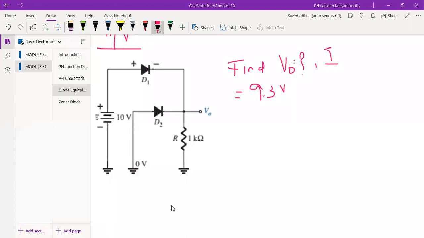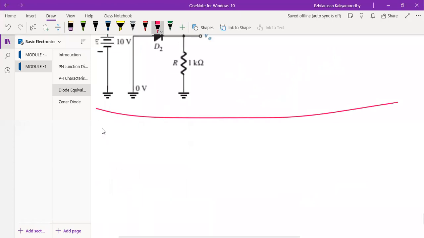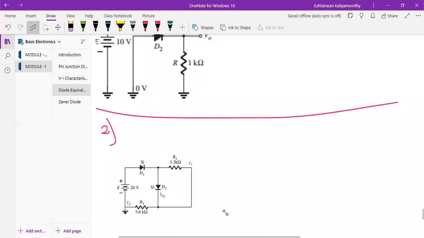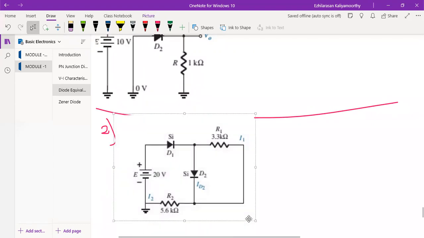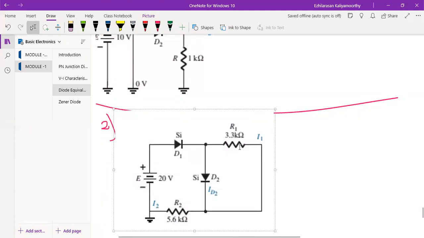Then one more homework. This is the second. So note down these figures and all, whatever figures I'm giving here. What are the parameters we need to find out?